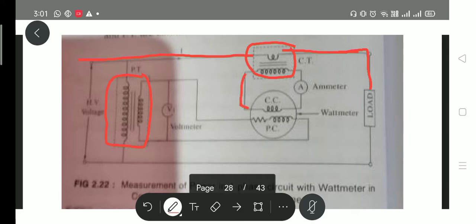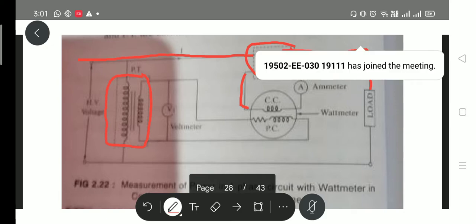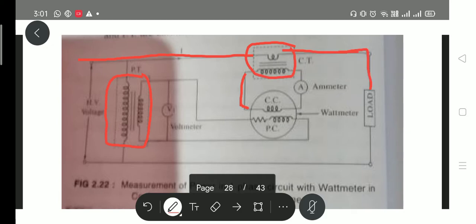The potential transformer primary winding is connected to the supply, and its secondary is connected to the pressure coil here. So the secondary is connected to the current coil and pressure coil.